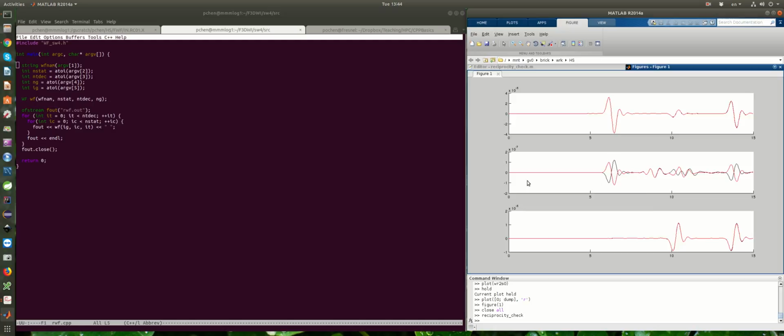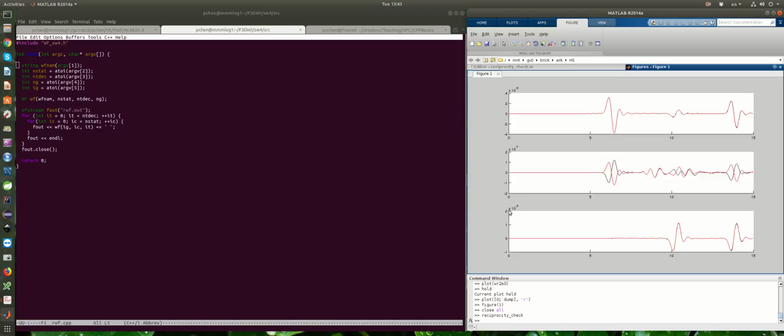This is for the X component. This is for the Z component. For the Y component, the difference is visually bigger. But if you look at the scale of the amplitude, that's 2 times 10 to the minus 7.